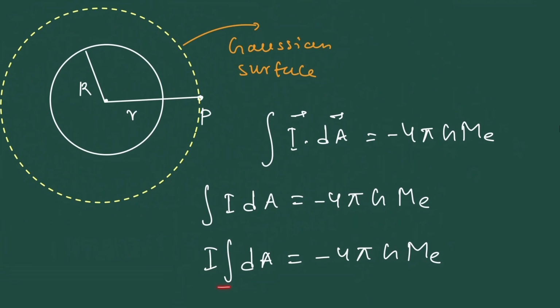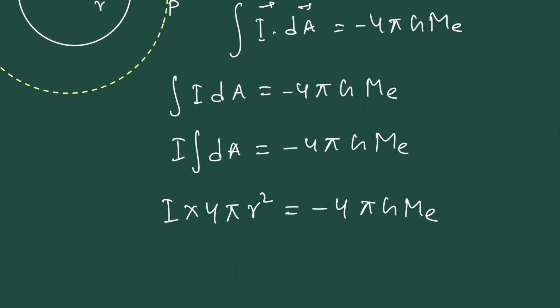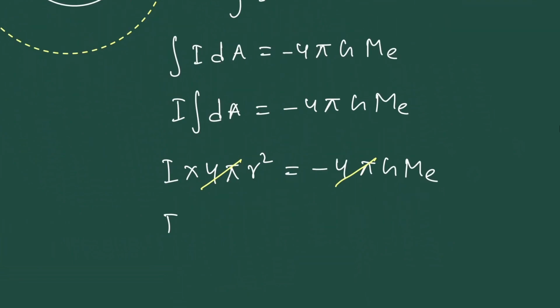Therefore, the integral of dA is just going to give us the total area. This implies we can write that I times 4 pi r square is equal to minus 4 pi g times mass enclosed. This 4 pi gets cancelled and we are left with I times r square equals minus g times mass enclosed. Let me call this equation 1.